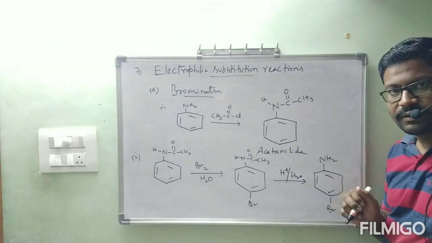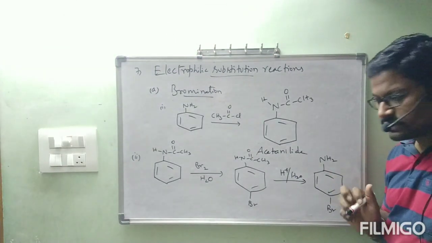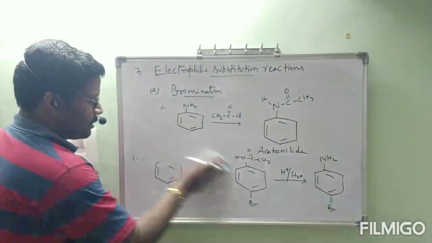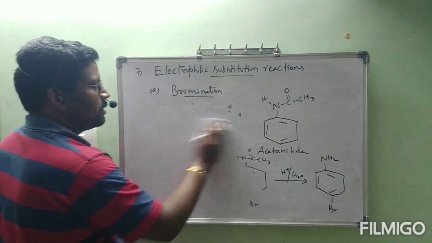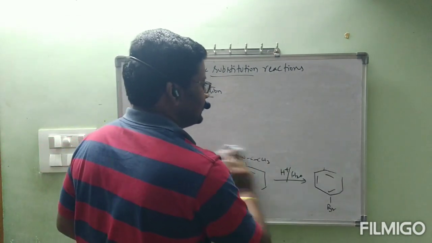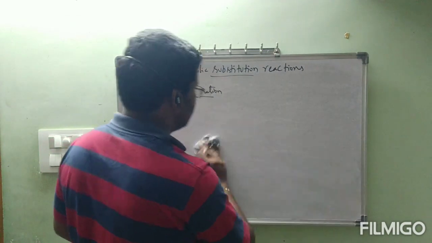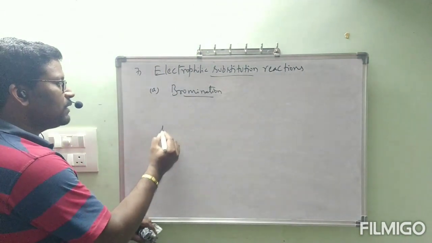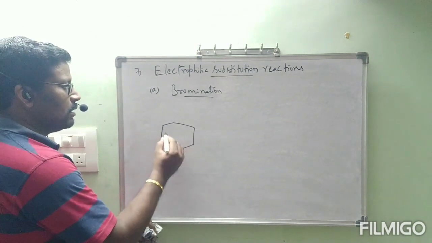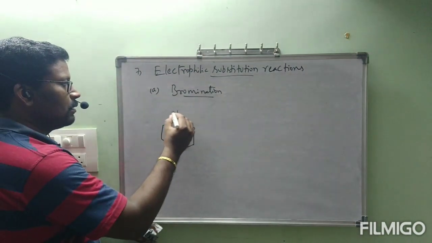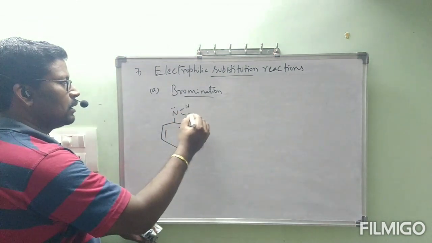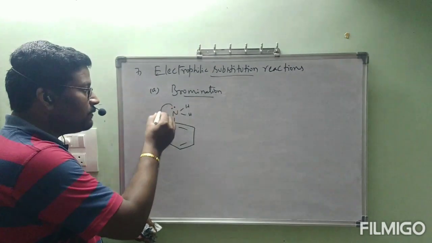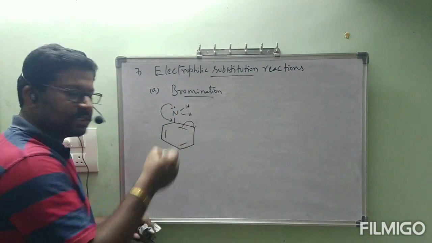How is it deactivating? Let us see. If you take only aniline, the complete lone pair of electrons present on nitrogen will be involved in resonance with the benzene like this.